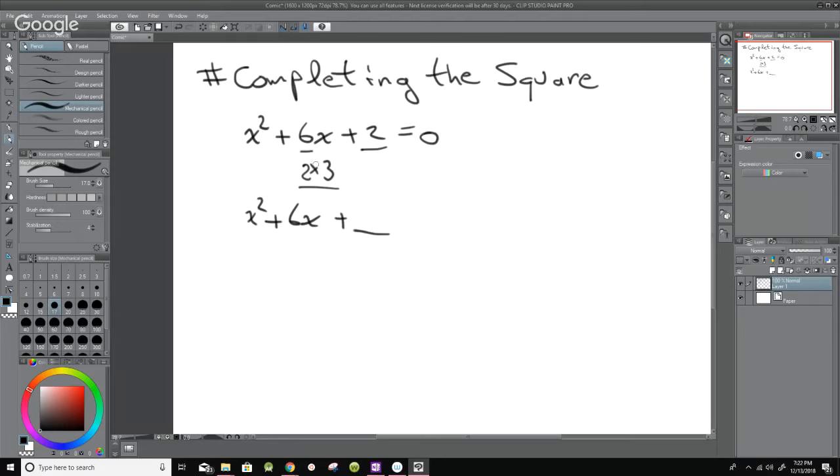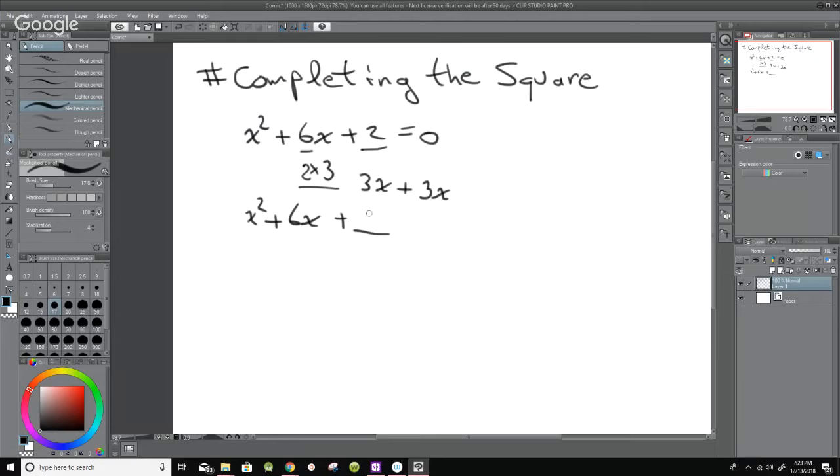Well, another way of thinking of 6 being 2 times 3 is 2 threes, meaning 3x plus 3x, right? Well, if we're going to do that, then that kind of hints what this constant should be.